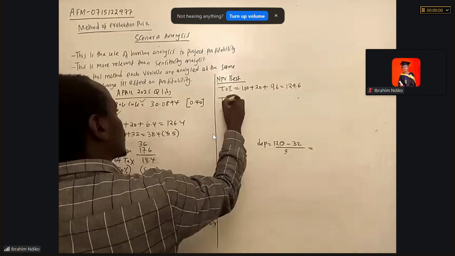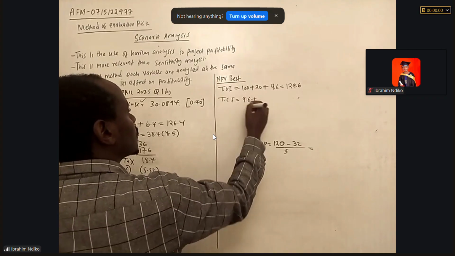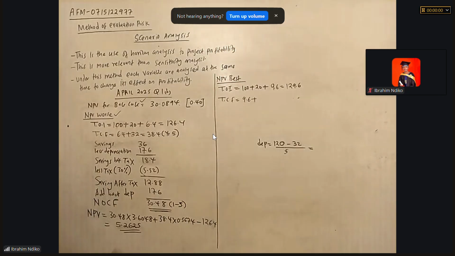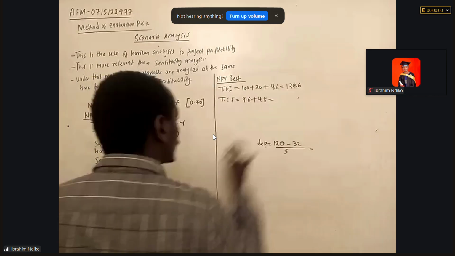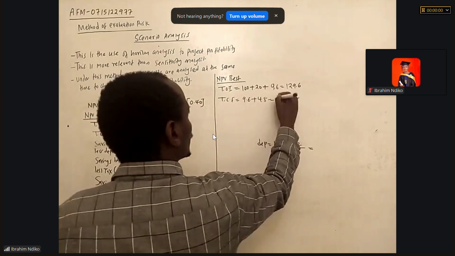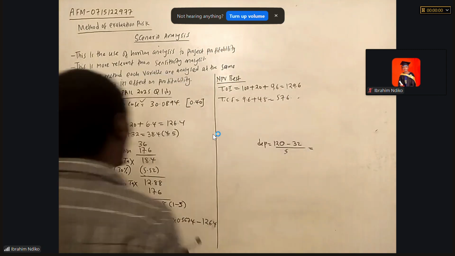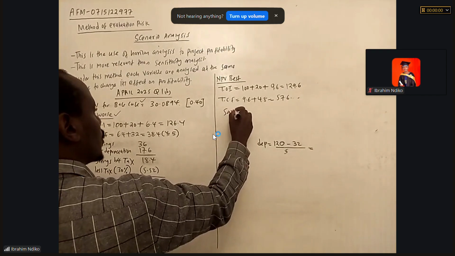Total cash flow, but you add the salvage value and working capital. What is the salvage value? The salvage value is 48 million. So 48 plus 9.6 is 57.6. Then we need the net operating cash flow.